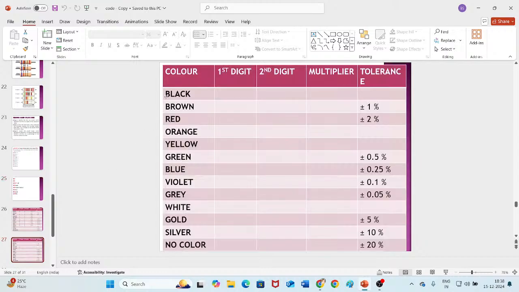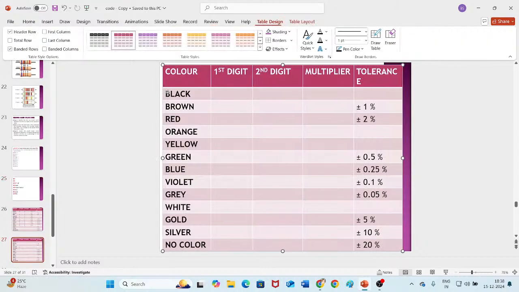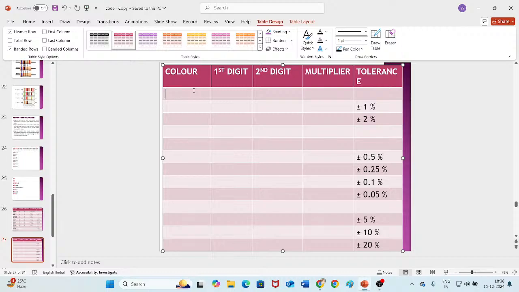So I'm going to take a table. Whatever I have written here, I'm going to erase it. So here I'm going to write BB Roy. So these are the colors. I'm going to write the colors in sequence.